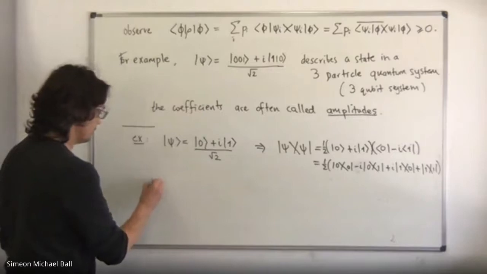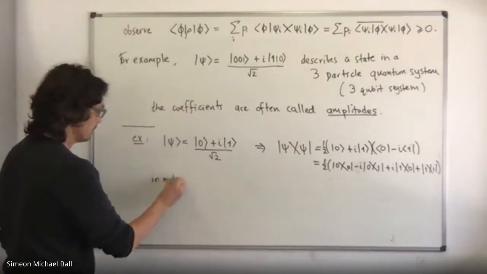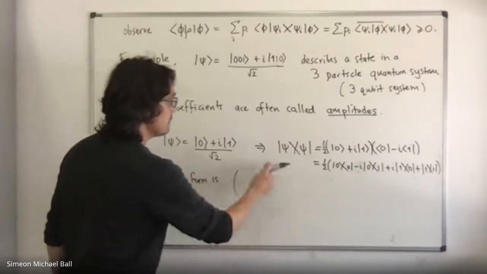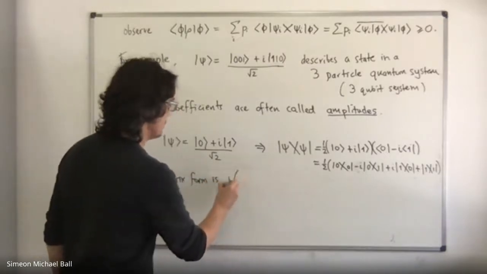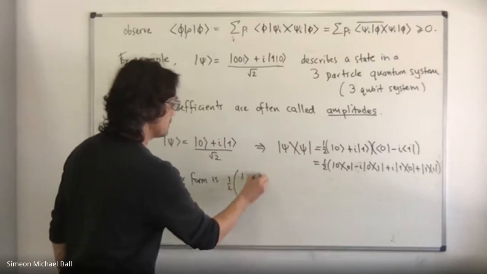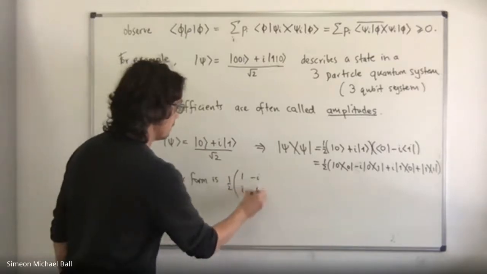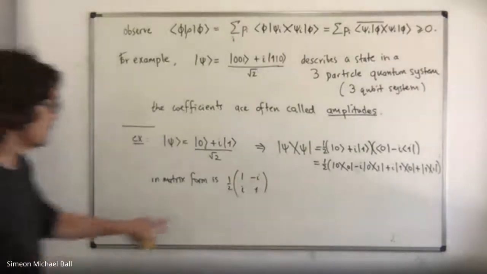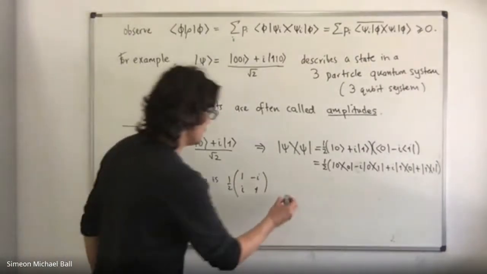So in matrix form it is 0, 0, 0, 1 here. So it would be 1/2, 1 minus i, 1. And this in matrix form is kind of easy to do.